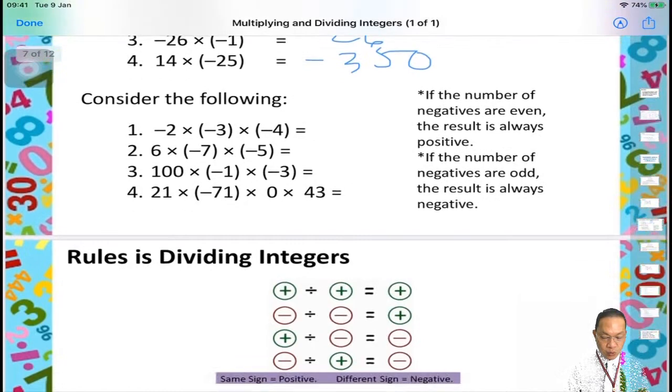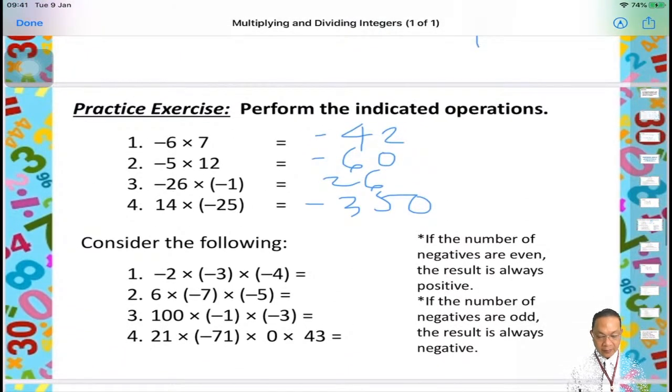What if we have this one? If we have more than 2 numbers, multiplying more than 2 numbers. Example, we have negative 2 times negative 3 times negative 4.